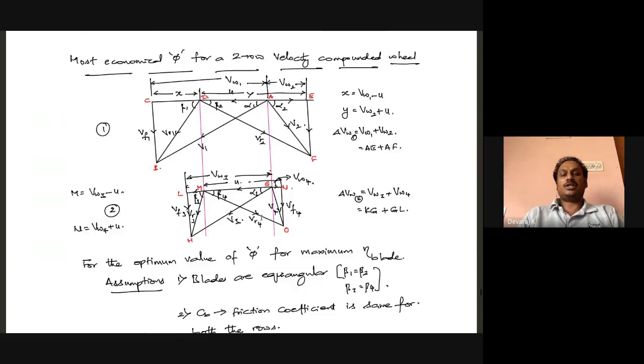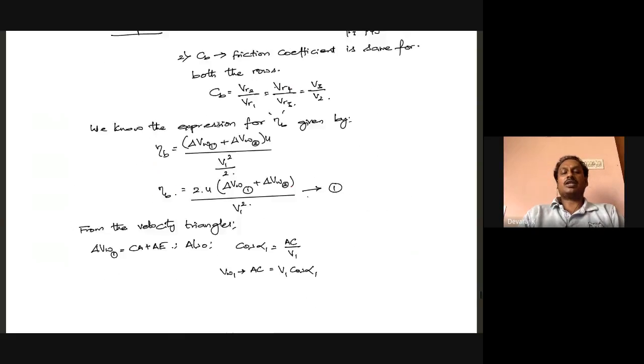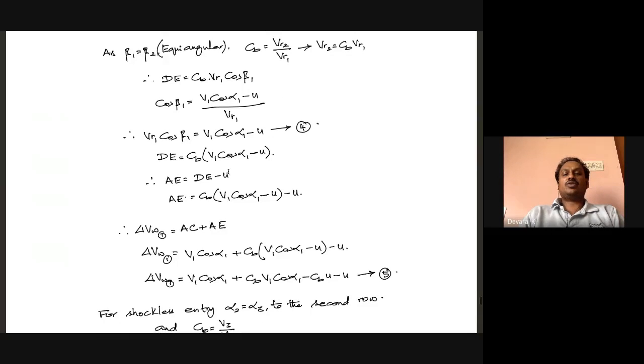AE is equal to dE minus CE, that is VW2, the whole thing minus of U. This is equal to dE minus U. What is dE? CB into (V1 cos alpha 1 minus U), minus of U.